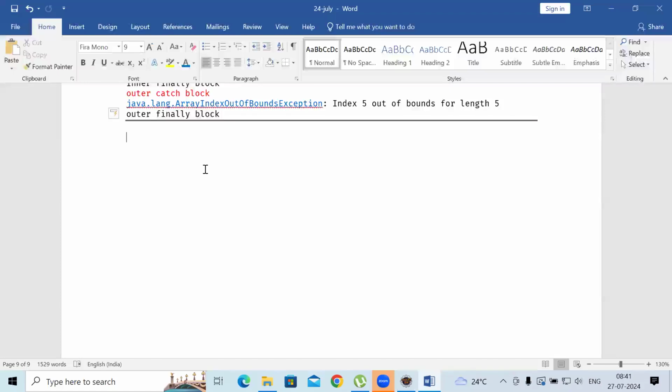Say, for example, you are creating a class called bank account. In that, there is a method called withdraw. If a customer is trying to withdraw more than his balance, then we want to throw an exception.